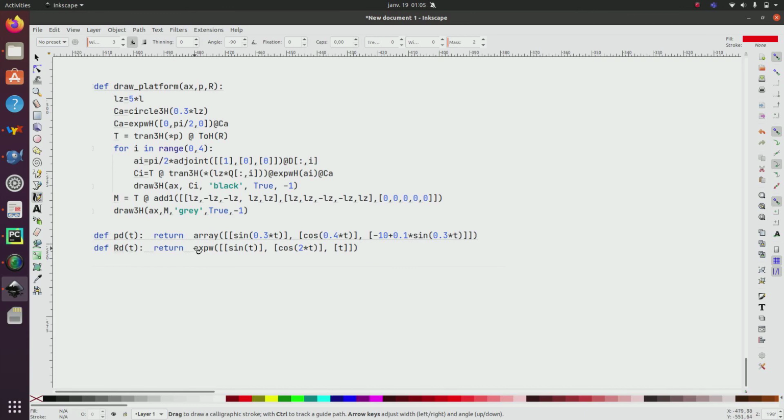Here I generate a rotation matrix as required in the exercise by taking the exponential of the vector sin t, cos 2t, and t, and this will generate some kind of random trajectory for the orientation of the platform.